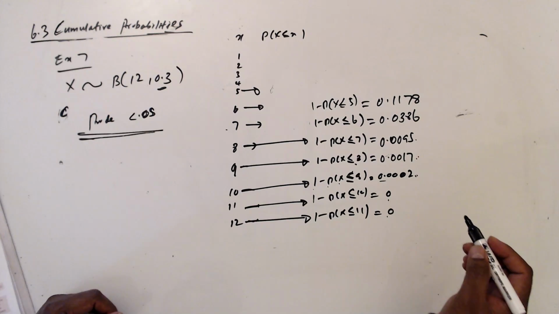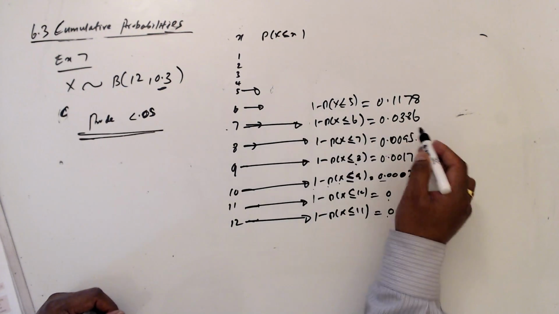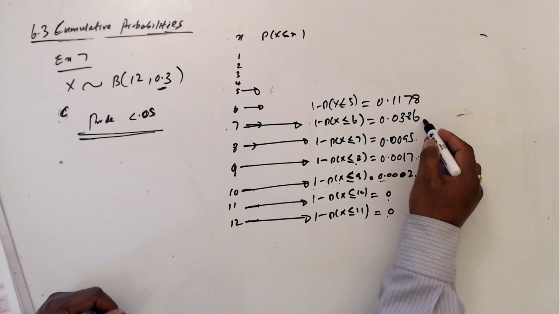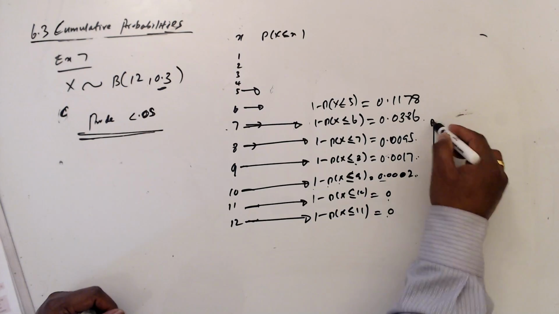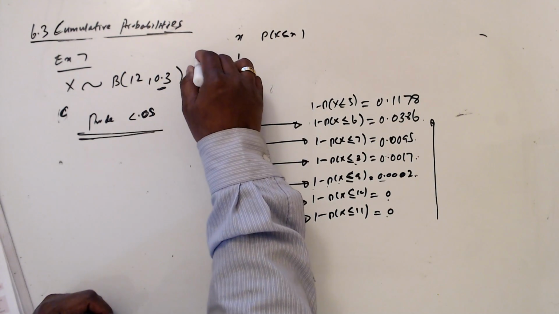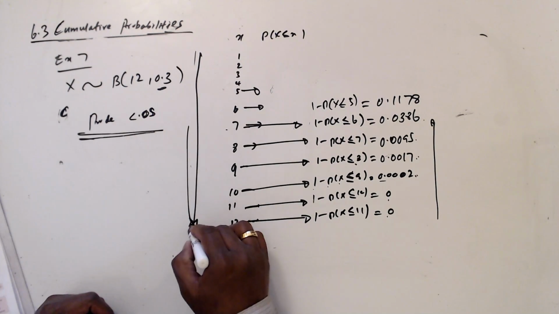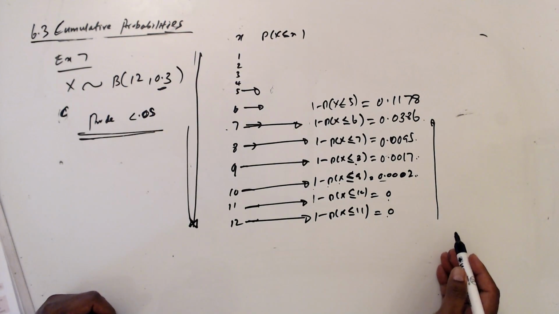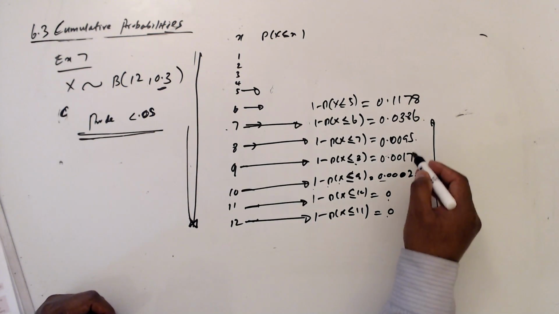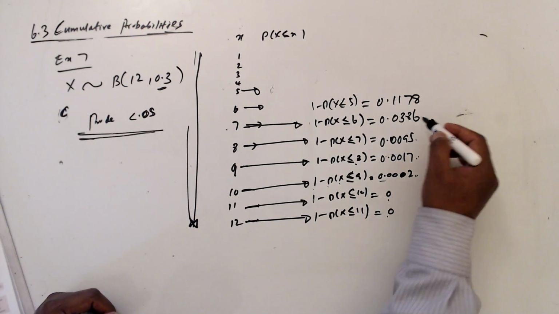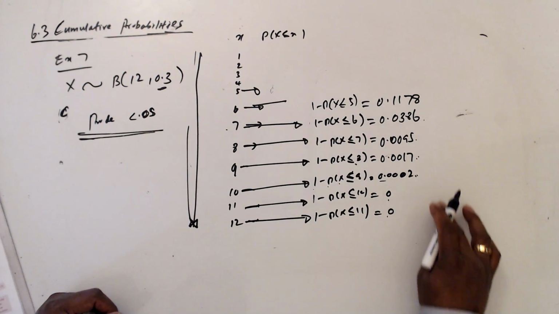And when it comes to 7, the cumulative probability is on the table from 0 to 12. Now I am doing the probability from 12 to 0. In this way I can see that this is going to be 0.1178.